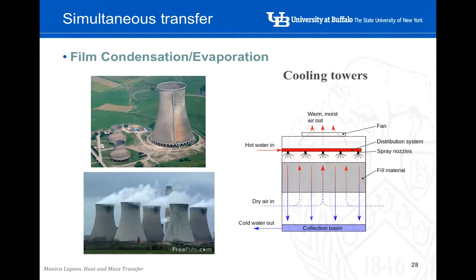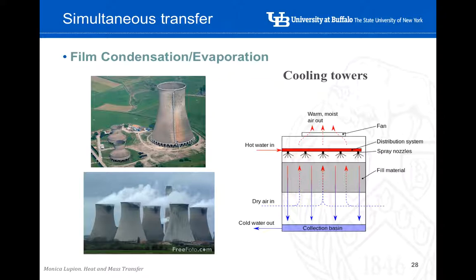This is an example of a simultaneous transfer of heat and mass, and it's a very common unit or equipment in industry. It's called the cooling towers, and here you have a picture of a power plant and probably a nuclear plant where you need to cool down the refrigeration water.